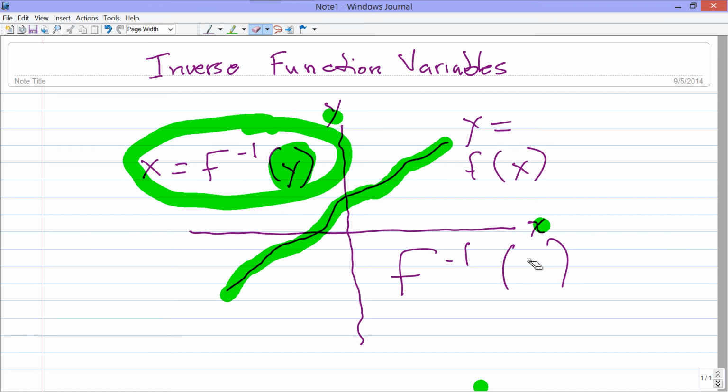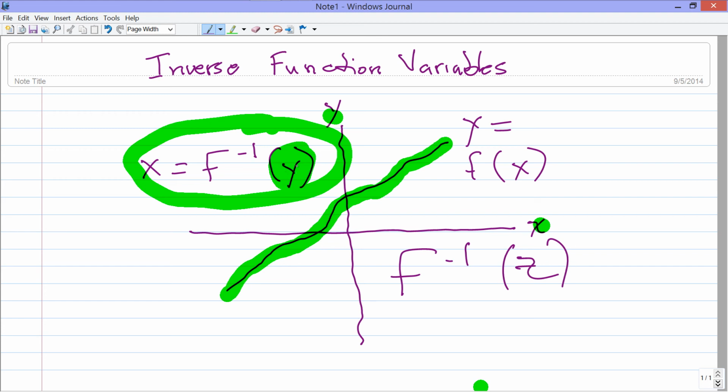But we could just as well use z. We could just as well have our eraser go there and use a blank too. F minus 1 of z equals such and so in terms of z. F to the minus 1 of q, or whatever else we might want.